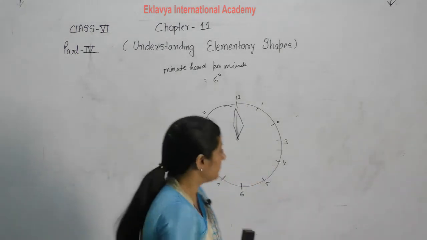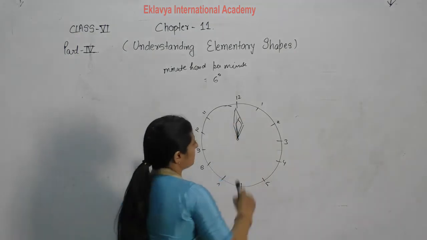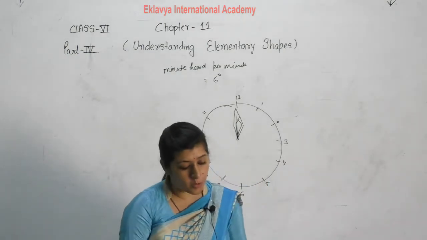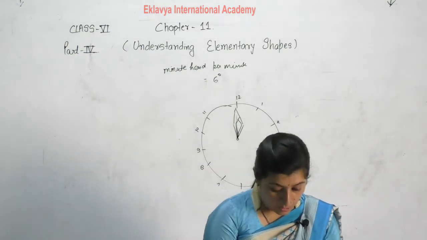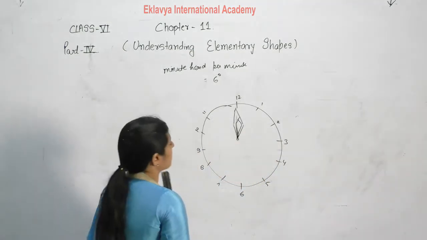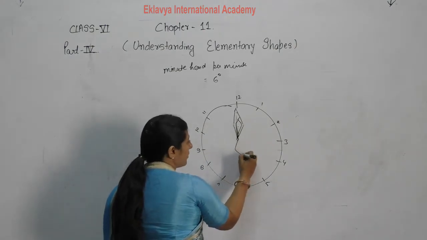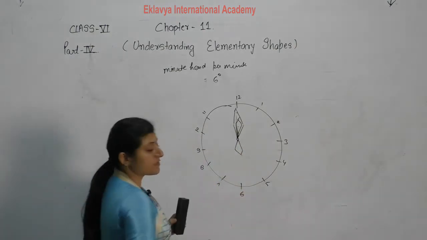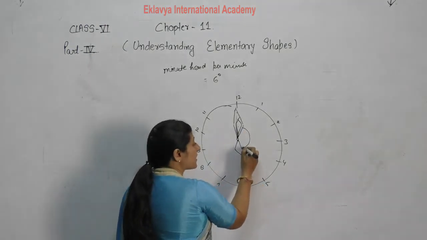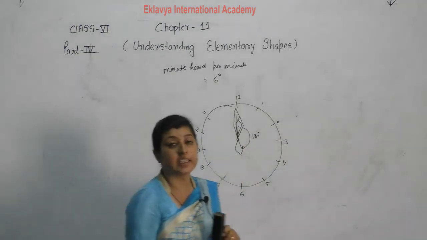See the question: when the second hand has moved from 12 to 6, how many degrees has it turned through? The second hand moved from 12 to 6, so this angle is equal to 180 degrees.